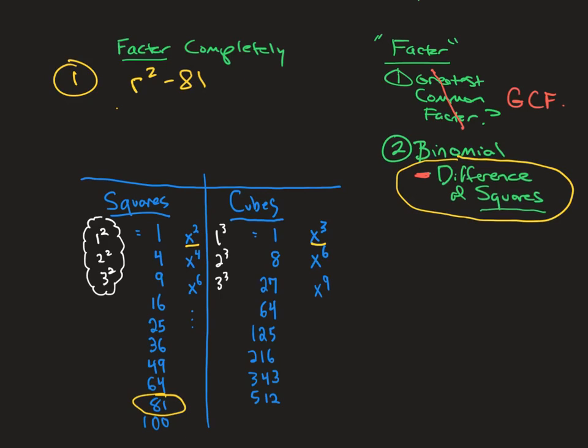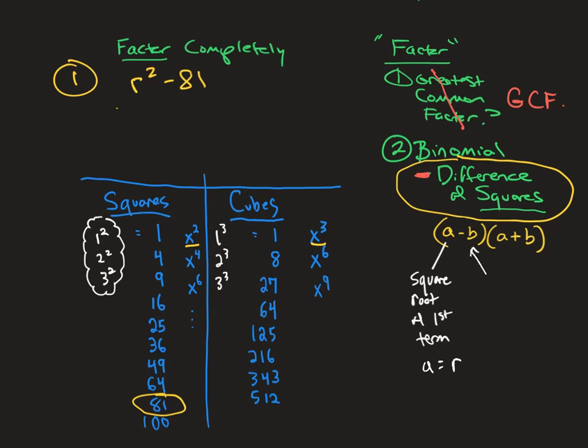Difference of squares, the formula for that is a minus b, a plus b. And you'll get pretty familiar with this, but a is just the square root of the first term. The first term being the r squared, so the square root of that is just r.